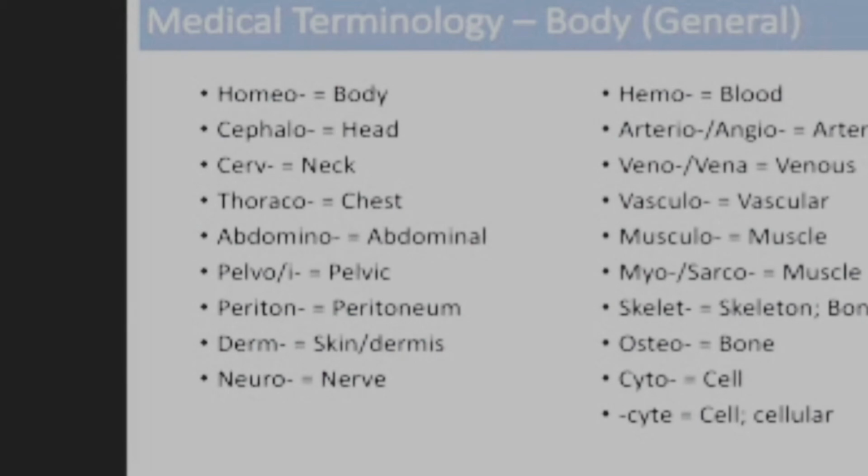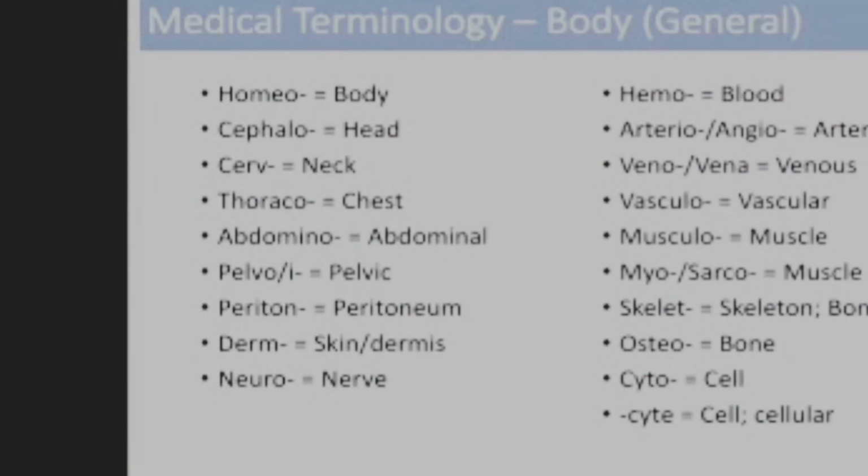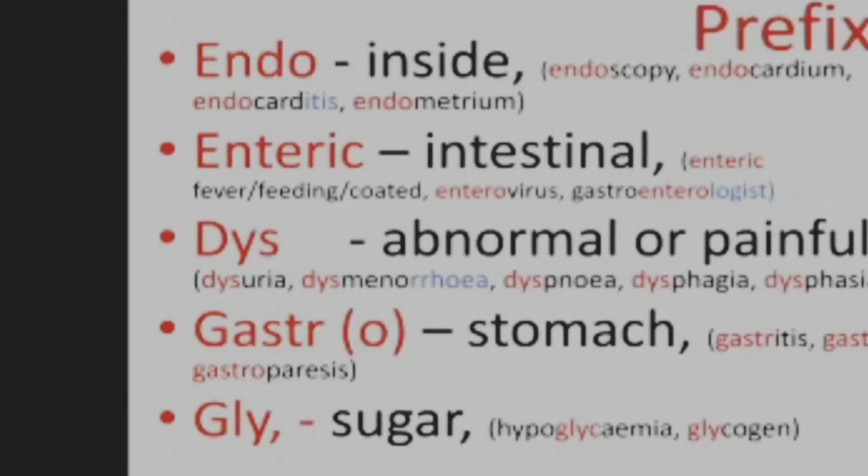Skeleton, bone. The entire body is made of a skeleton, actually, bone. That's called the frame of the body. That's the anatomy, and when we talk about organs, they all stay inside the skeleton. Osteo is due to bone, cyto is cell or cellular. Endo is inside.